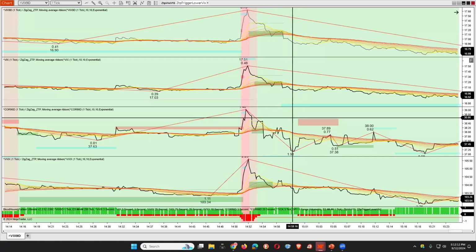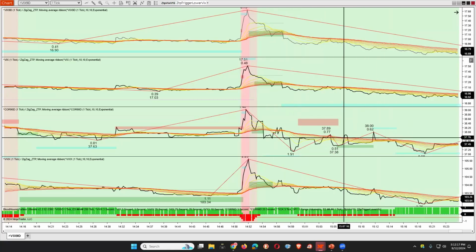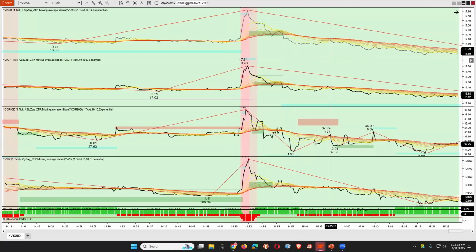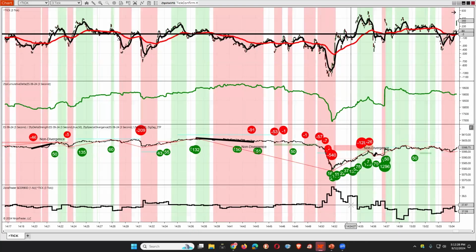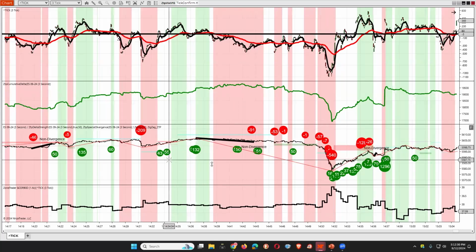You wouldn't want to trade without every possible tool that you have. I think the Core 90D is the best tool that I have, and that's basically why the Core 90D is on this chart, to show me what's going on down here.